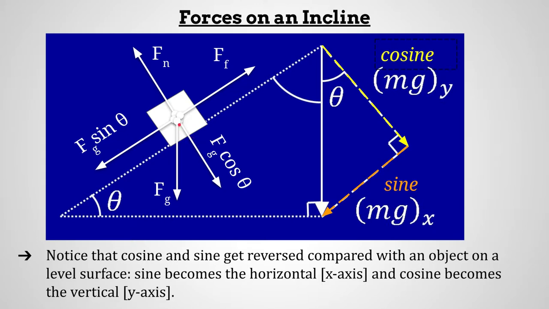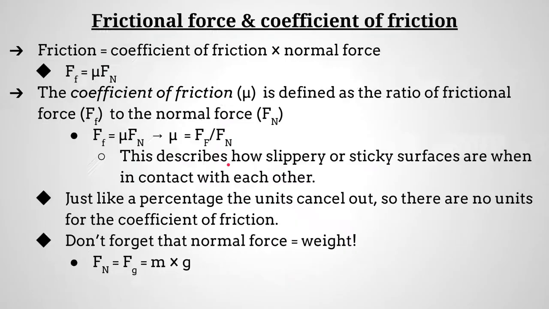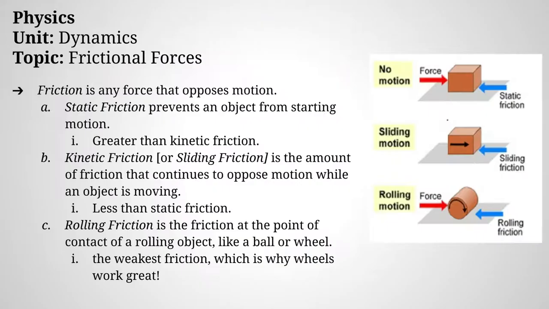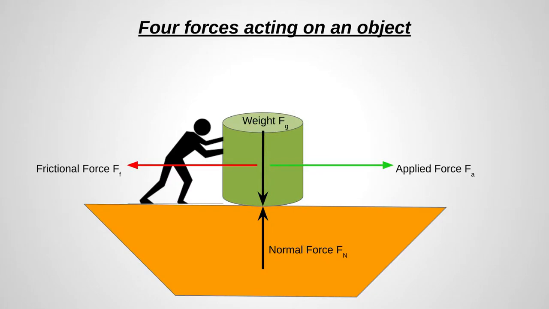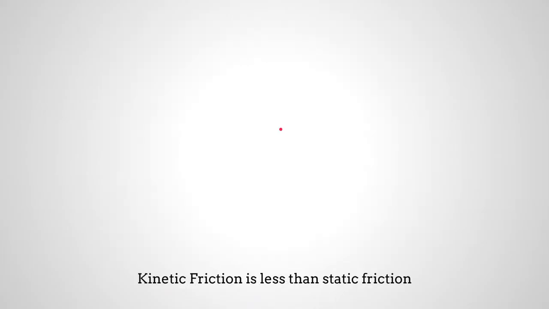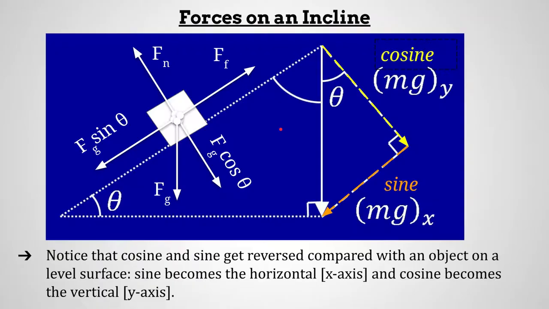The weight of this object is pressing onto the surface of whatever it's sitting on, and for that we're going to use cosine. Normally when something's on a flat surface, we don't have to do any trigonometry. It's just the weight, mass times gravity, done. But on an inclined surface, to find how much the object is weighing down on the surface, we must use cosine.